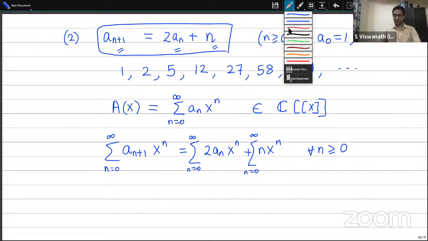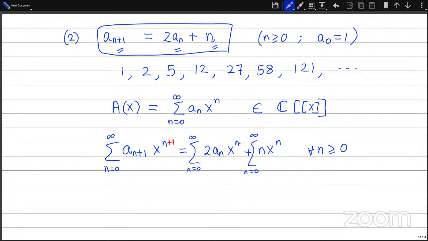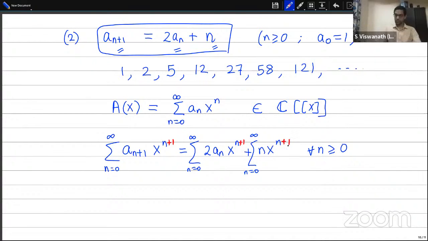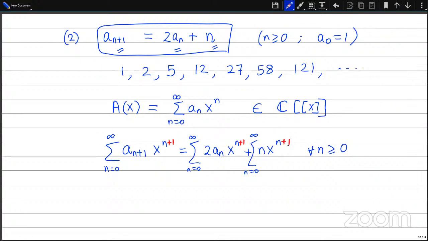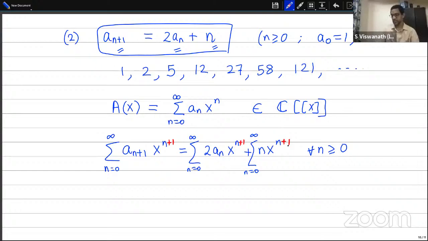So let's make the following change. This is also valid. I'm going to multiply both sides, so I can just say, consider the formal power series sum of a_{n+1} x^{n+1}, and that is equal to 2a_n x^{n+1} plus the summation of n x^{n+1}.